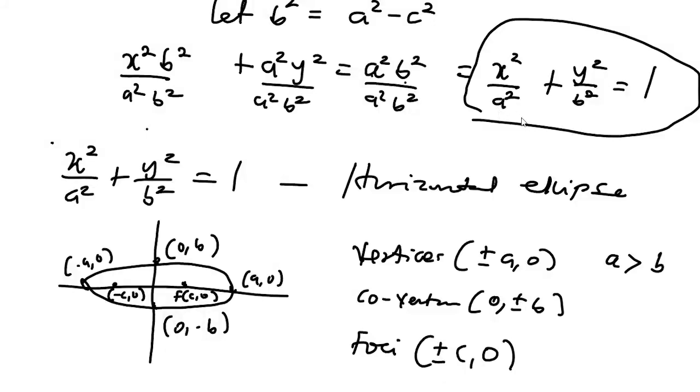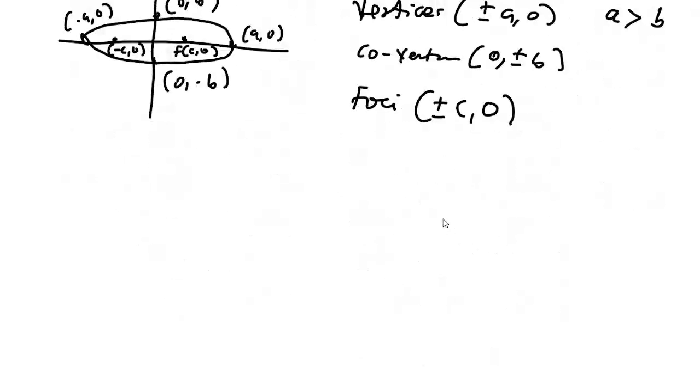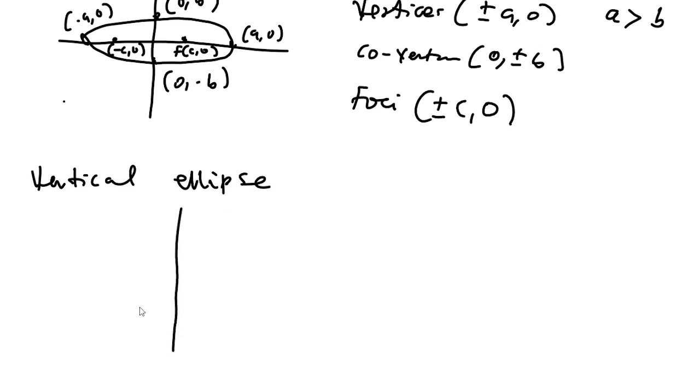So looking at this, so if it changes, let's compare it to the vertical one. So let's look at the vertical ellipse, sorry. So for that one, it lies on what? The vertical axis like this. We have our focus here and another focus here.